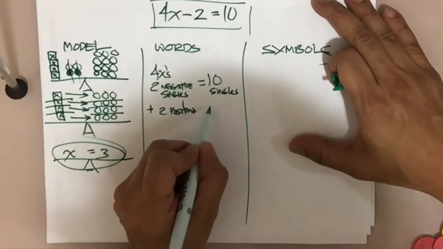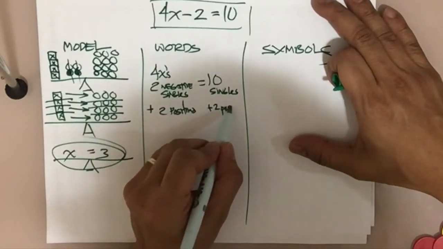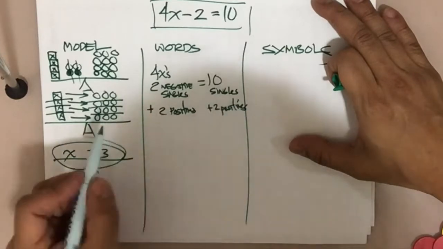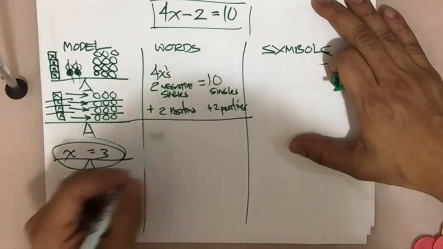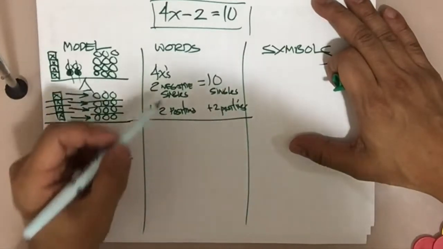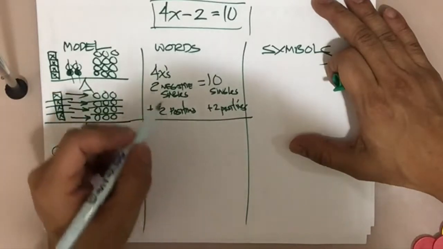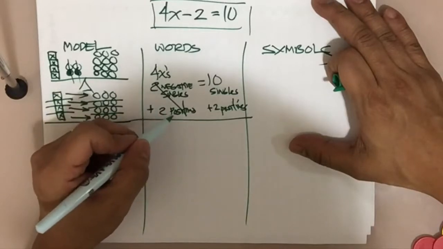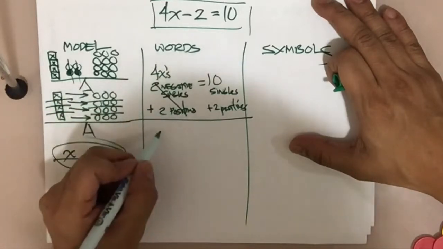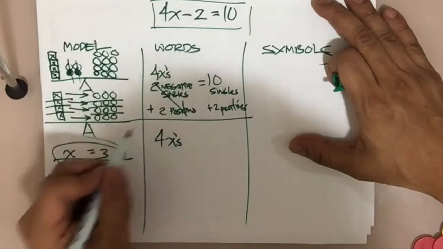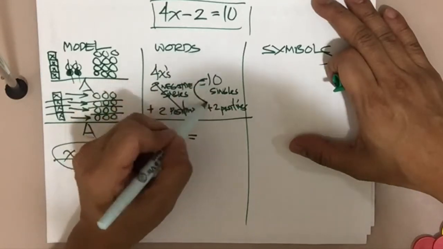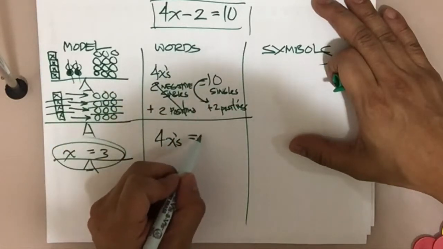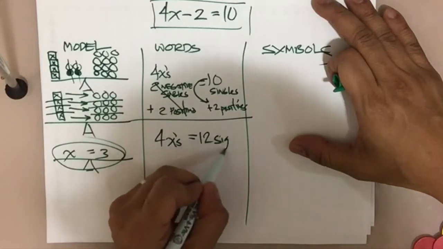Therefore, on the other side, I add 2 positives. And then, when we did that, what remains? This cancels out because 2 positive and 2 negatives become 0. So what remains are 4 x's is equal to the 10, and the 2 becomes 12 singles.